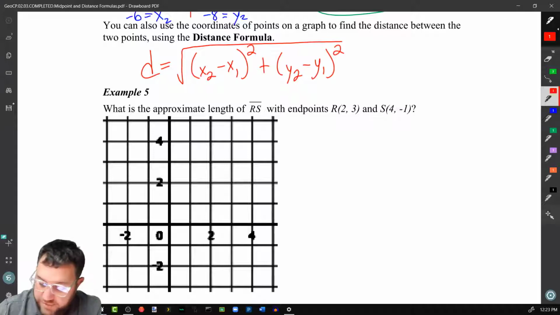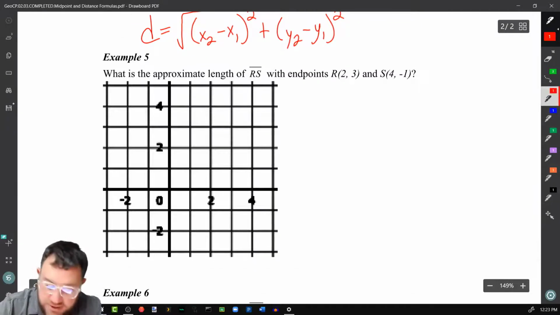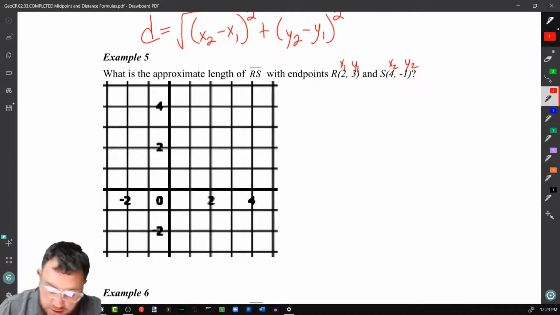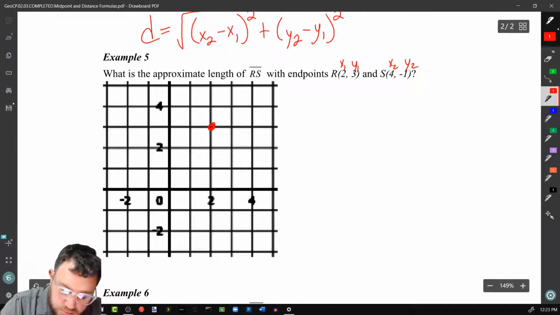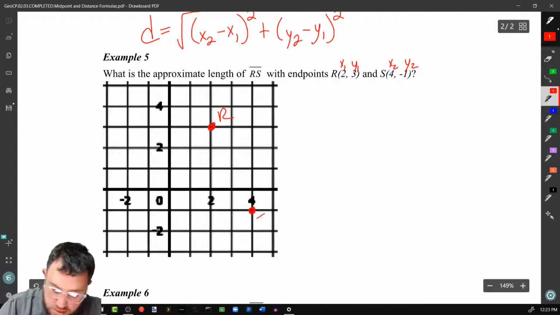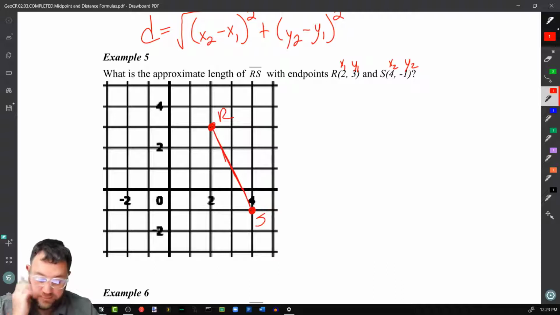So, for example 5, let's label our points. That's x1, y1, x2, y2. I'm just going to go ahead and plot this real quick. And you can see that we can't just count the blocks because it's a diagonal line.